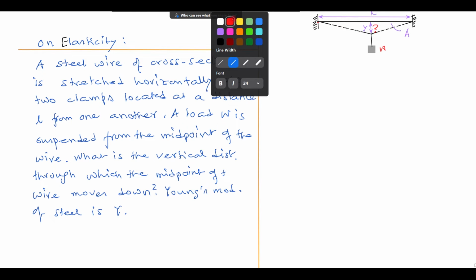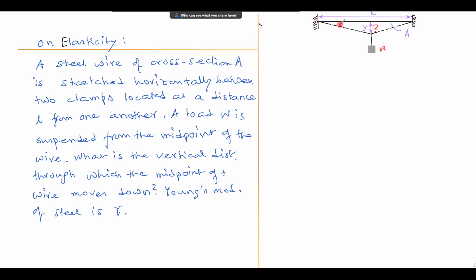Tension in this is T, and since the whole thing is symmetrical, tension in the other is also T, and let this angle be theta.